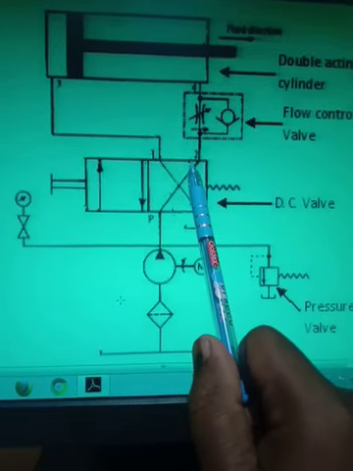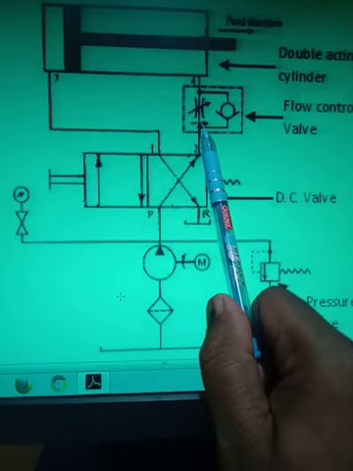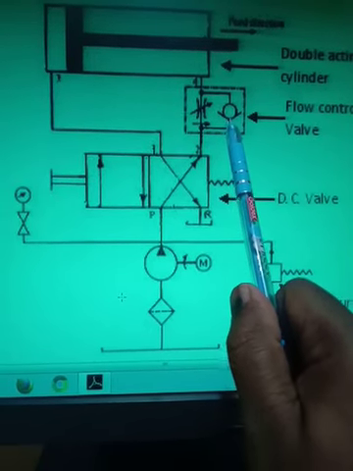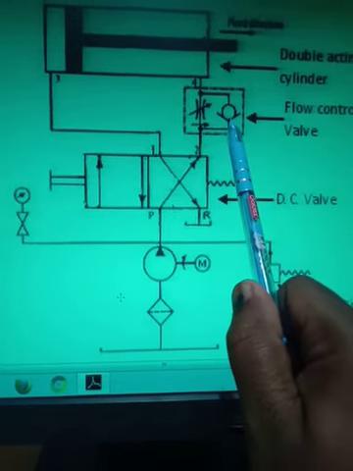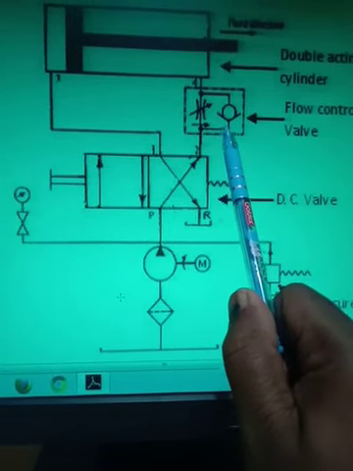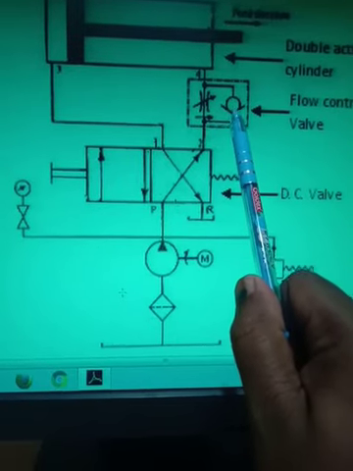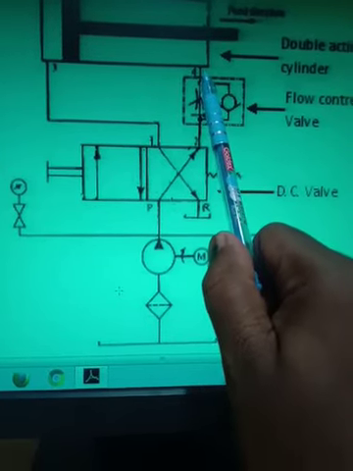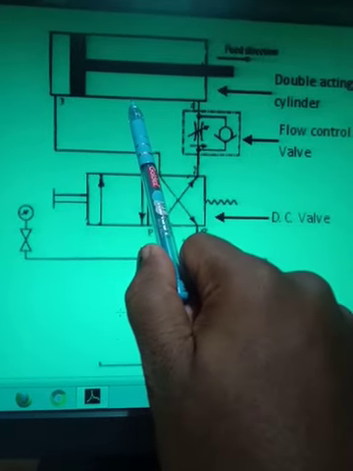As the oil is moving from here, it will go through this integral check valve, which I can also call the non-return valve, and the oil will flow very easily. In this direction oil can flow.